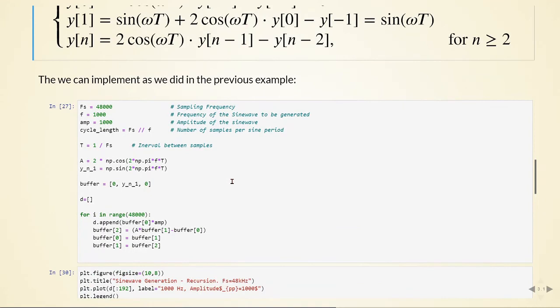So now we are defining a buffer. We'll have our y of 0, our y of 1, and our y of 2.